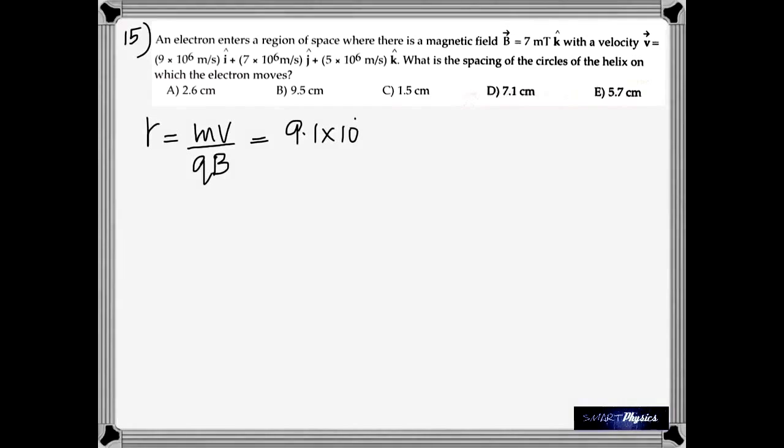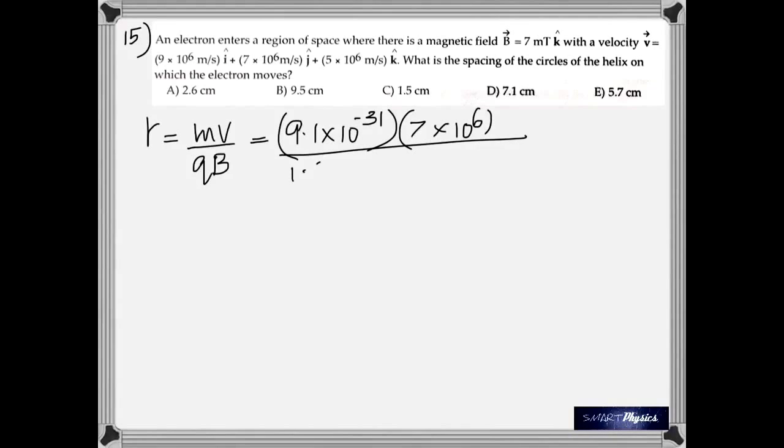Now, to calculate the radius, use the perpendicular component. So you go with mass of the electron times the velocity. We're taking the J component because it's at right angles to the magnetic field. So that's charge, and the strength of the magnetic field is 7 millitesla.